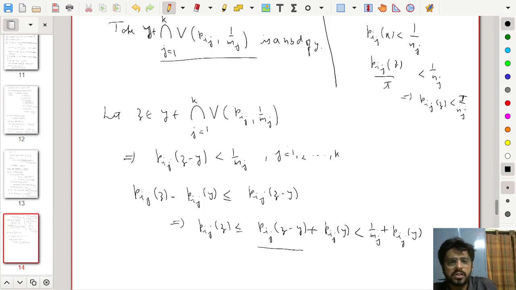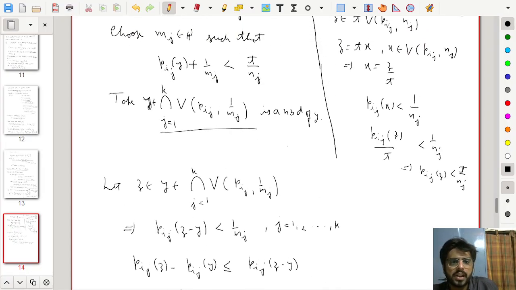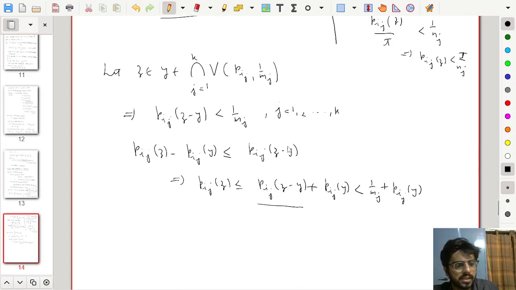Now we made a choice of this m_j such that p_ij of y plus 1/m_j is strictly less than t/n_j. So we get that this is strictly less than t/n_j. What does this mean?